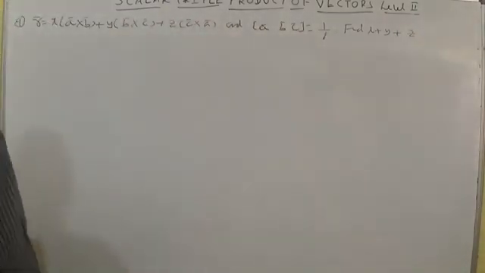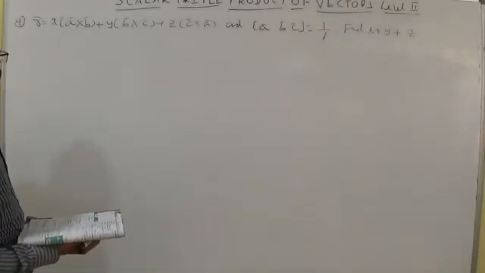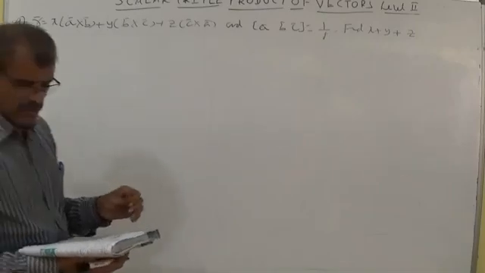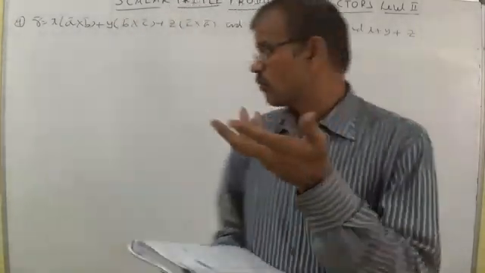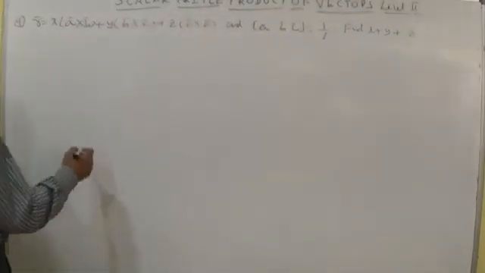So using R bar is equal to X into A cross B plus Y into B cross C plus Z into C cross A given, box ABC given. Let us multiply with A. We may get box. We'll write here R bar dot A bar.